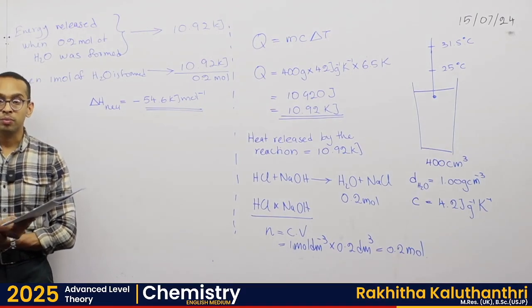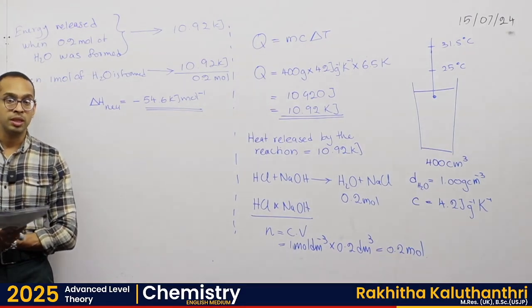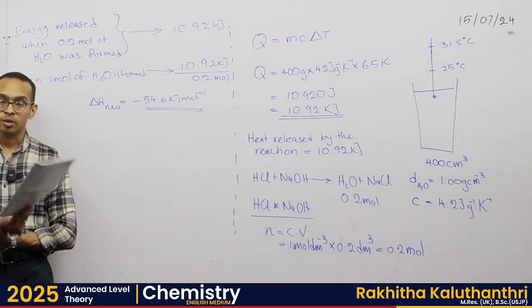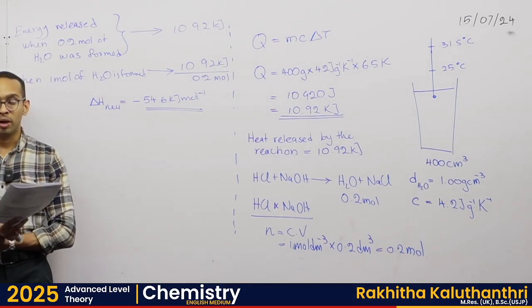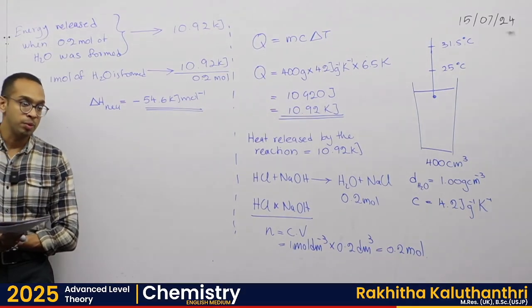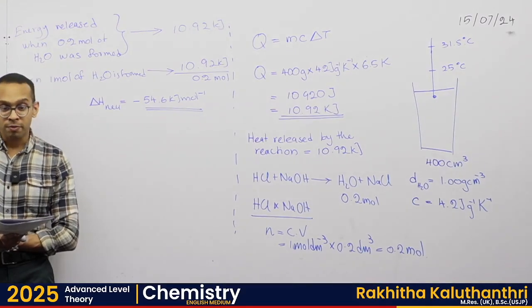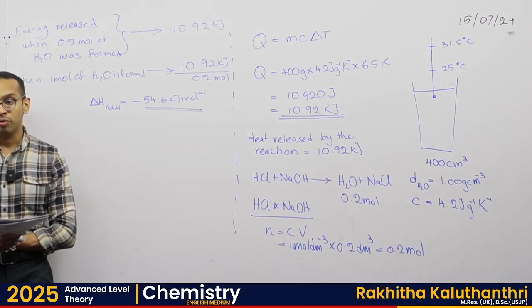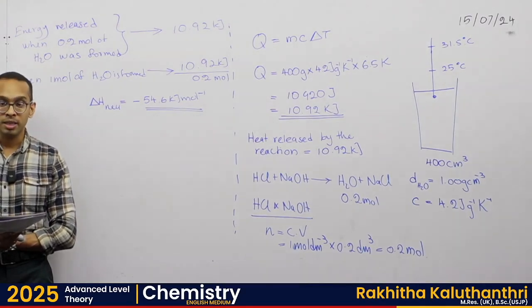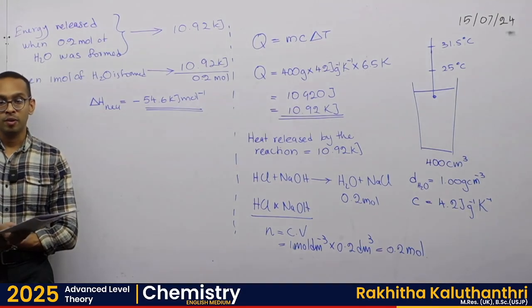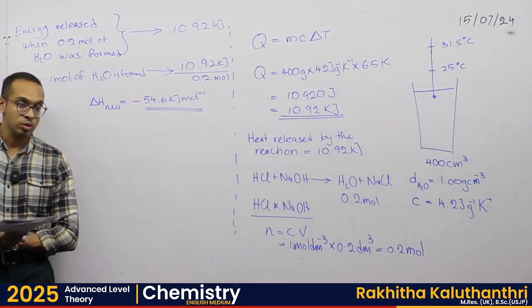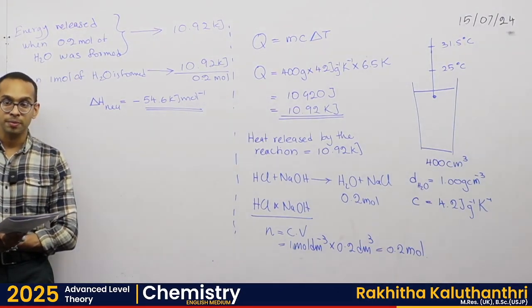And we'll be using measuring cylinders to measure equal amounts of the solutions, and before adding them together their initial temperatures will be noted down, and after mixing them together we are going to observe the highest temperature that the reaction mixture reaches. So this is how the experiment is designed.